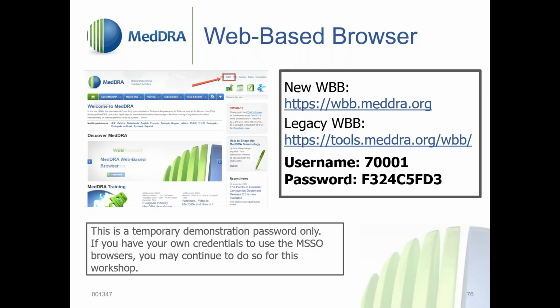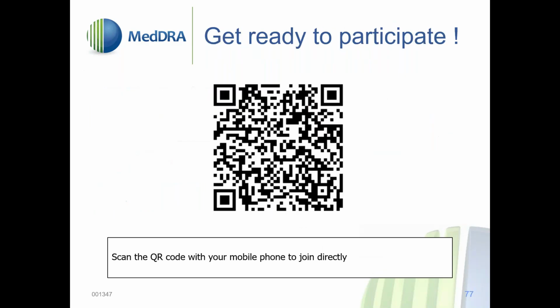This is your username and the password, just in case you don't have your credentials at hand, or you may also, of course, use your in-house browser if you have an individual one in your company. So here we are. These are the credentials. And again, should you have lost the connection to the poll, here's again the QR code.